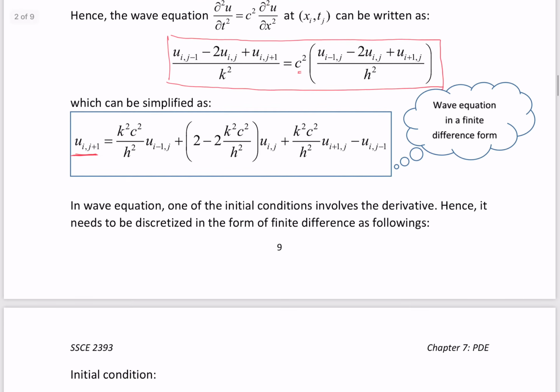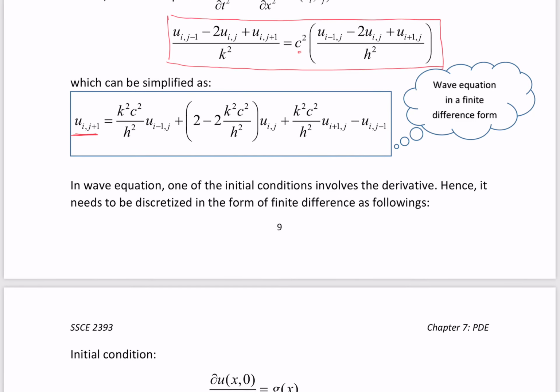Or sometimes you also can write this k square c square over h square as r, so that if you use r, what you will get is u i j plus 1 is equal to r u i minus 1 j plus 2 minus 2r u i j plus r u i plus 1 j minus u i j minus 1, where your r is equal to k square c square divided by h square.